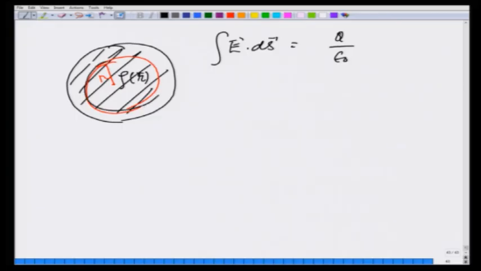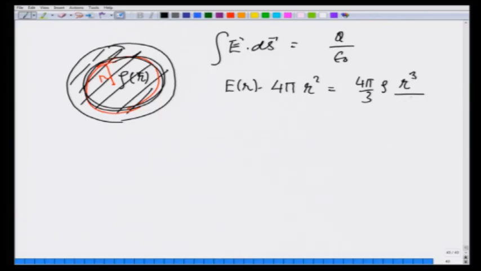So, if I take the inner surface, E dot ds is going to be E at r times 4 pi r square, and charge enclosed is 4 pi by 3 rho r cubed divided by epsilon 0 here. 4 pi cancels, this r square cancels and gives me a single r, and therefore, magnitude of field at r comes out to be rho r over 3 epsilon 0.